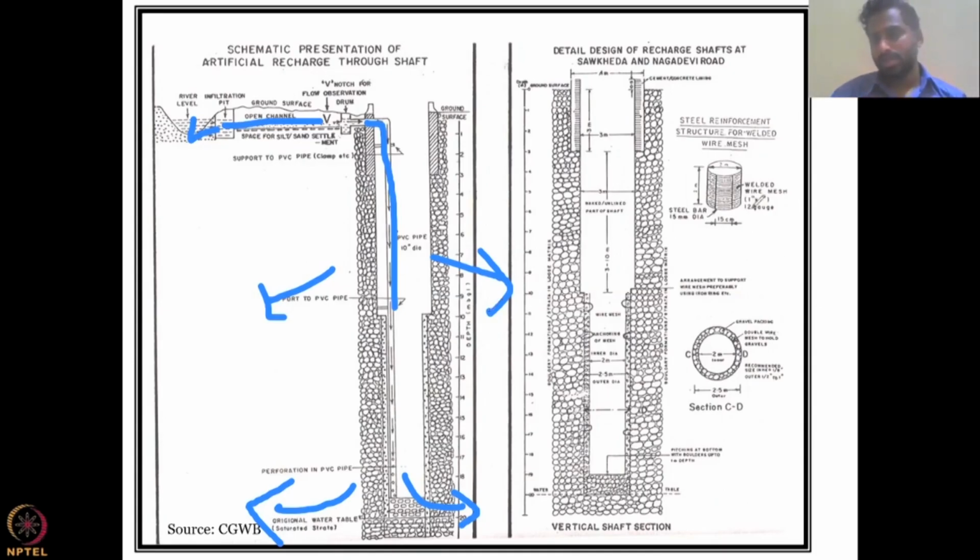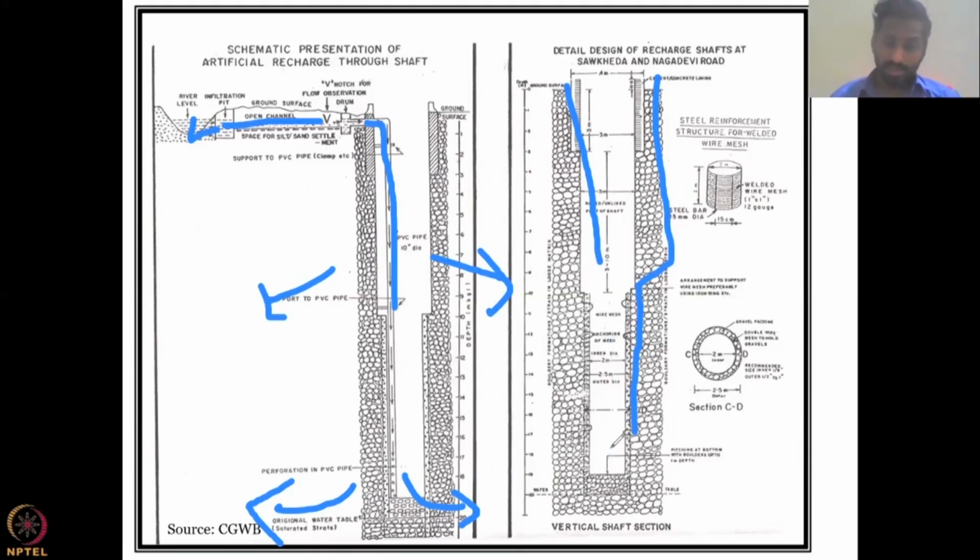This is just another schematic, same thing. It's another schematic showing how the top is having a steel part to prevent water from moving on the sides, and what are the different dimensions. What one needs to notice is that the shaft need not go along the same thickness. Initially, the shaft is big thickness, and then it can go like a smaller thickness into the deep aquifers.